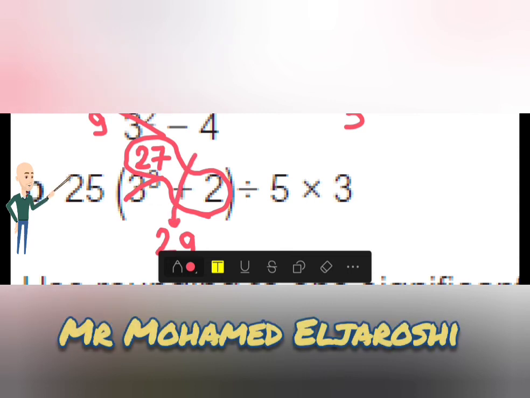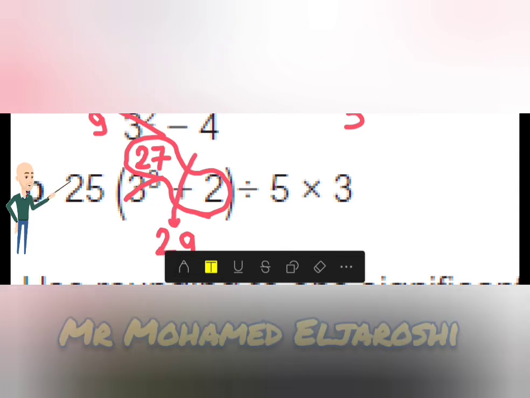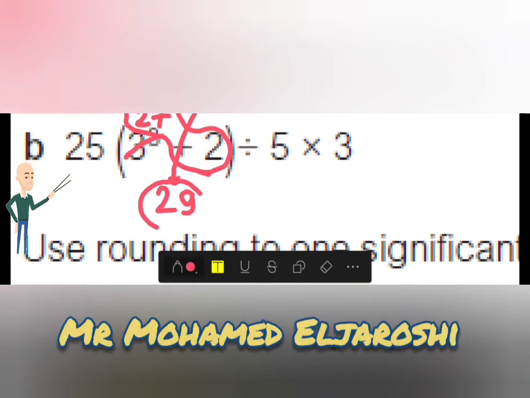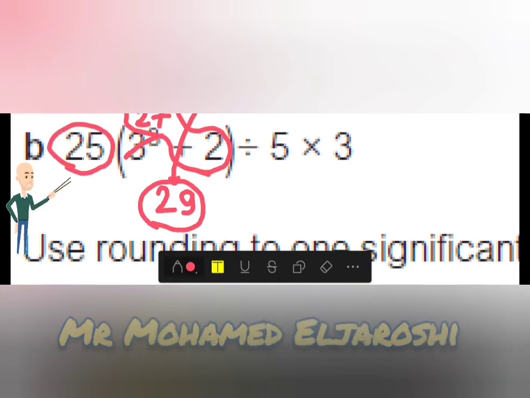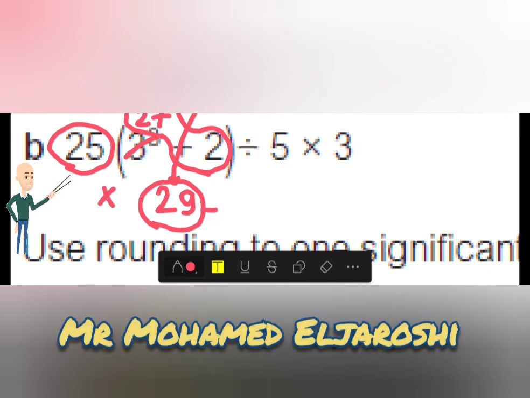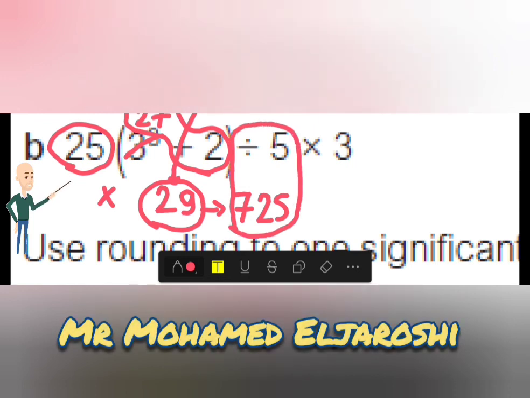And then we have 29 here, multiplied by 25 here, and we multiply them, yes, and the answer will be what? 25 times 29 equals 725. And then I take the 725 divided by 5.